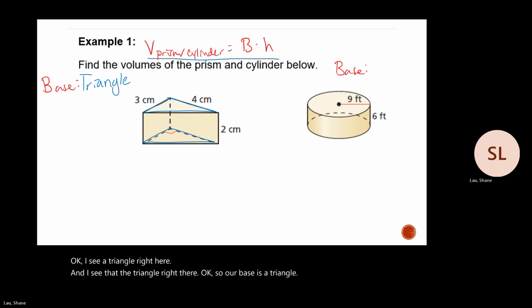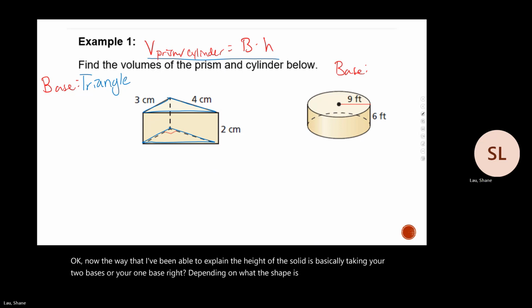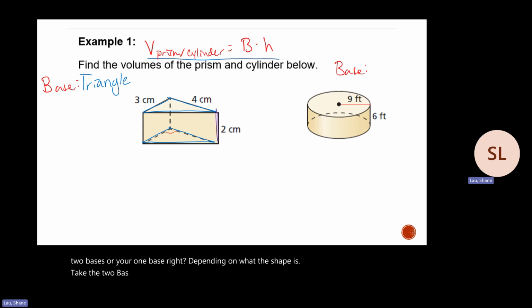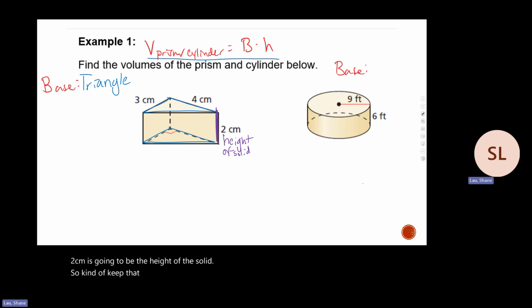The way I've explained the height of the solid is to take your two bases, or your one base, depending on the shape, and find the distance between the two bases. So right here, this distance of 2 centimeters is going to be the height of the solid. Keep that in the back of your mind.